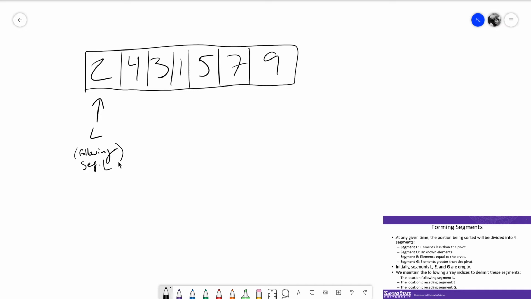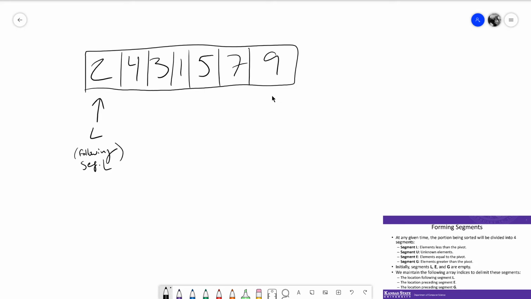Then we are going to have the location preceding segment E and preceding segment G. And now in our algorithm, it's going to be a lot easier if we keep E and G initially to be at the same location. So if the greater than is going to be on the right-hand side, that means our greater than portion is going to be over here on the outside bounds of our array.